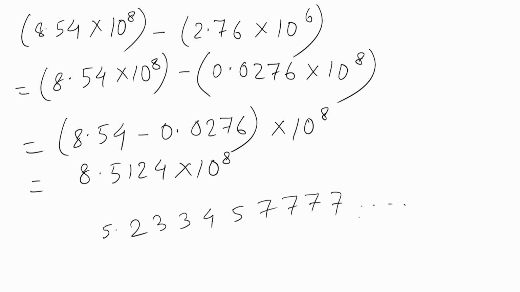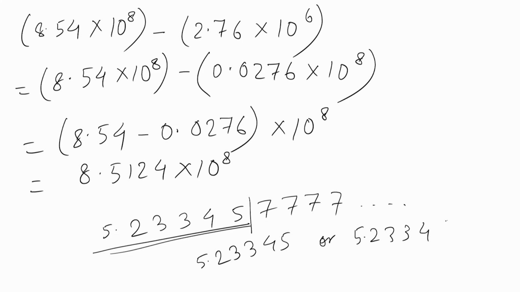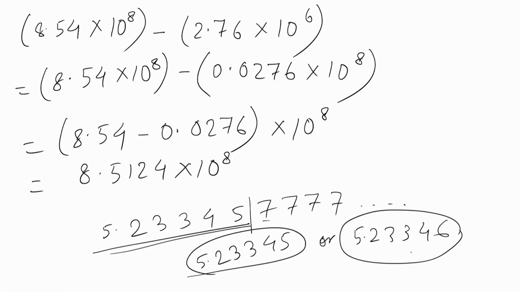Now we cannot write this number with these continued digits. So we need to stop somewhere. So let's say we are stopping here. So what will we write this number as? 5.23345 or 5.23346, because since it is 777 after this, the actual number will be much greater than this one, right? But it will be less than this also.